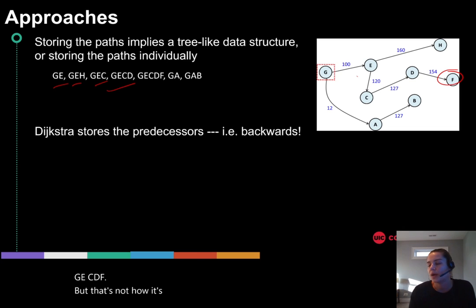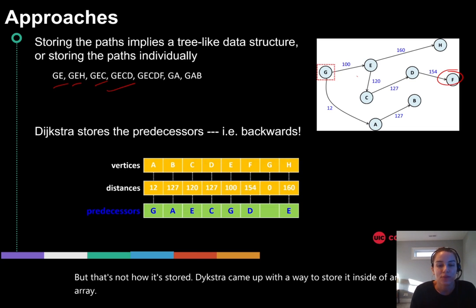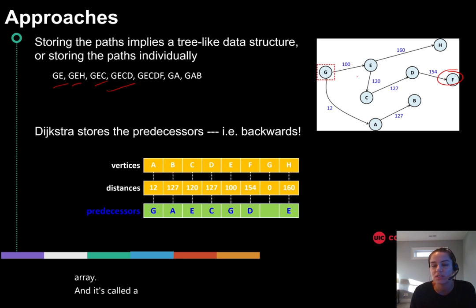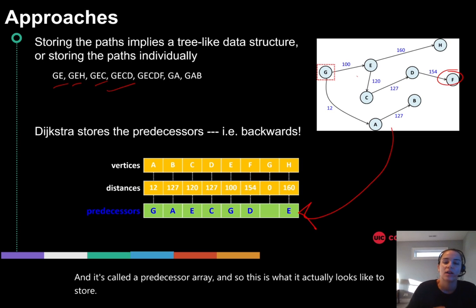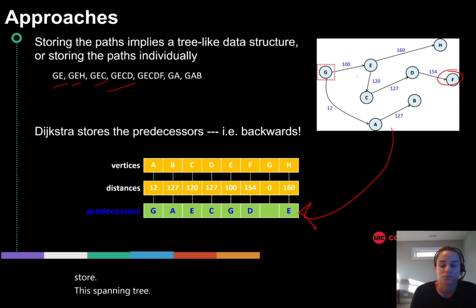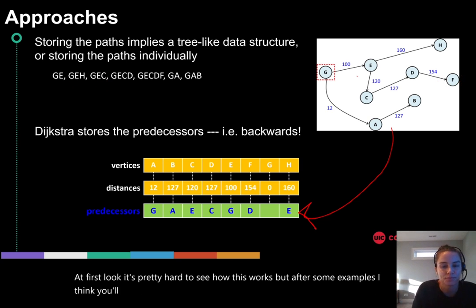Dijkstra came up with a way to store it inside of an array. It's called a predecessor array. And so this is what it actually looks like to store this spanning tree in an array. At first look, it's pretty hard to see how this works, but after some examples, I think you'll see the way that this works.